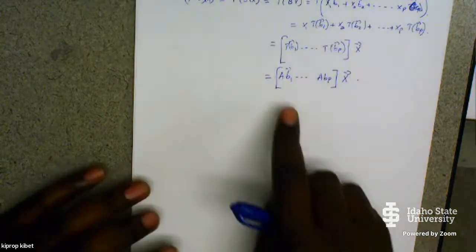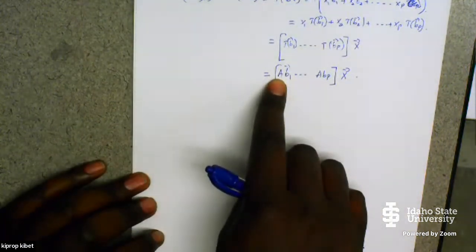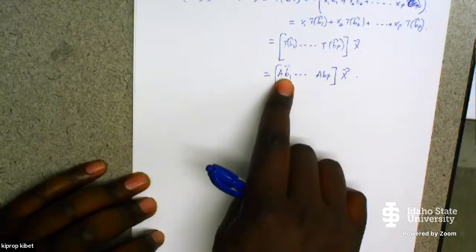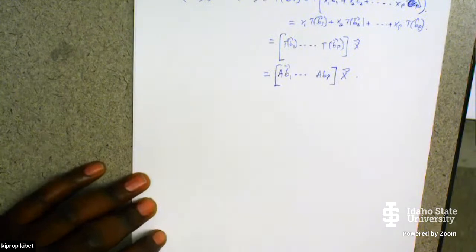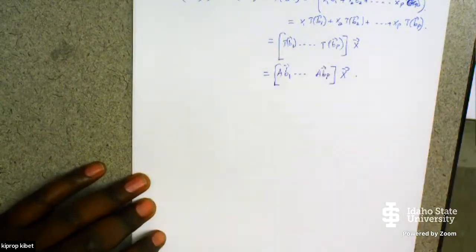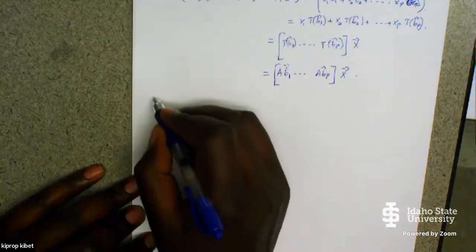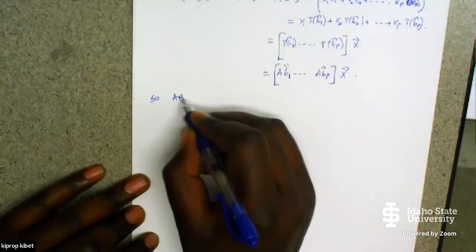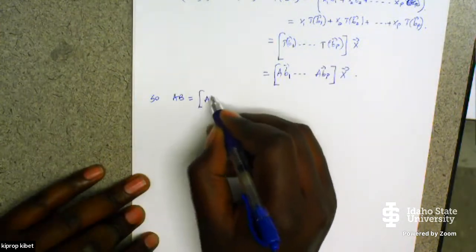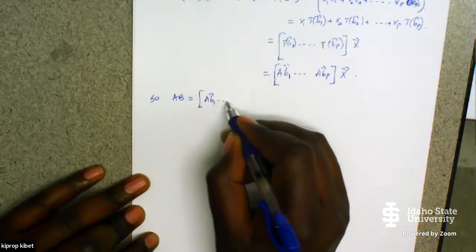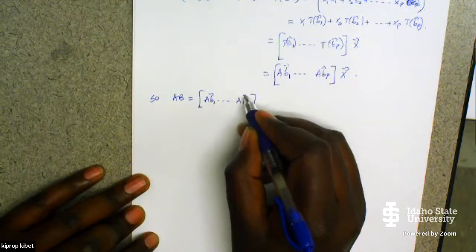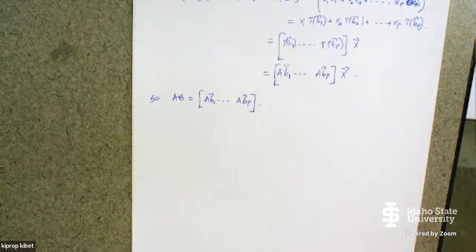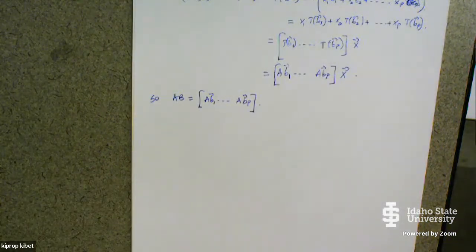So you multiply the matrix A by each vector in B. So AB equals AB1 all the way to ABp. That is how you can multiply the matrices.